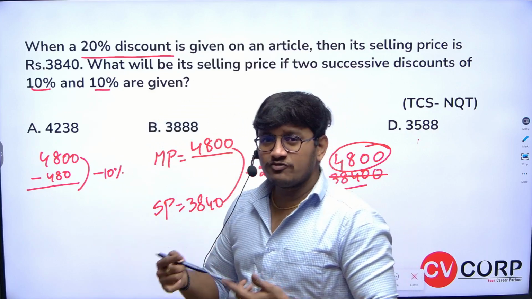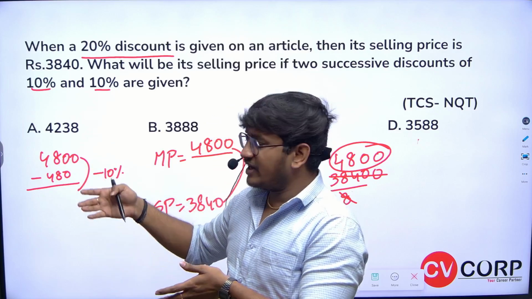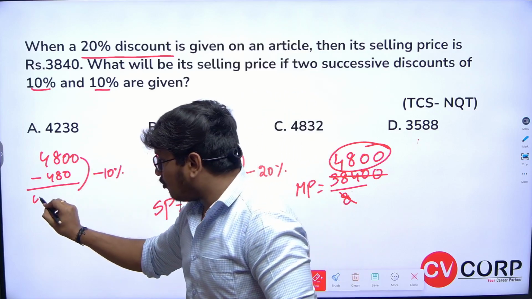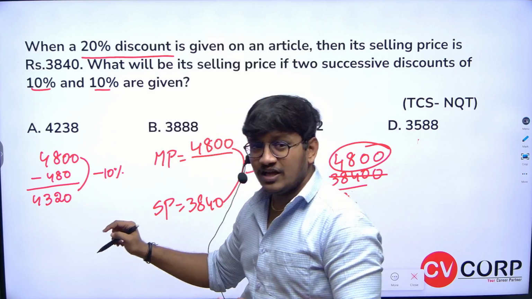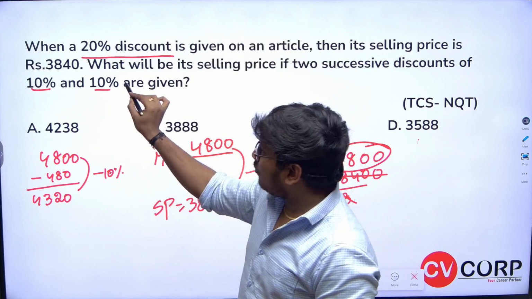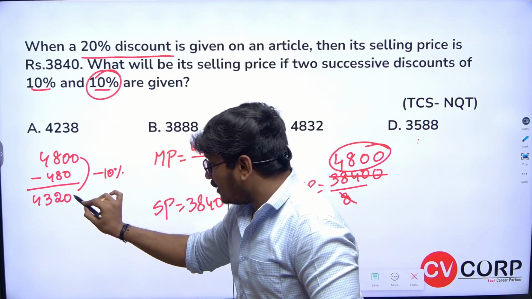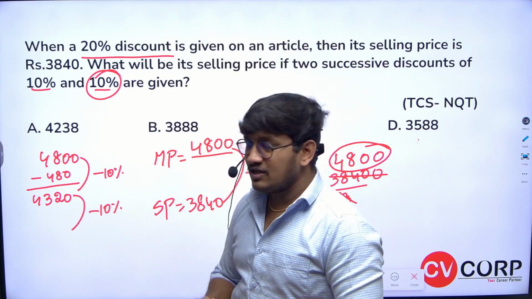Then how much value is left out of 4800? If you remove 500, you will get 4300, but it is 4320. Can I say 4320? After removing only one discount, you are getting 4320. Here is one more discount, a successive discount. So again 10% will be removed from 4320.